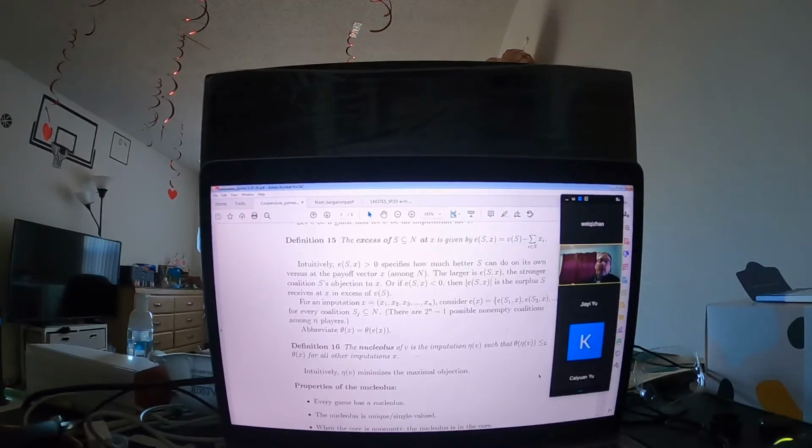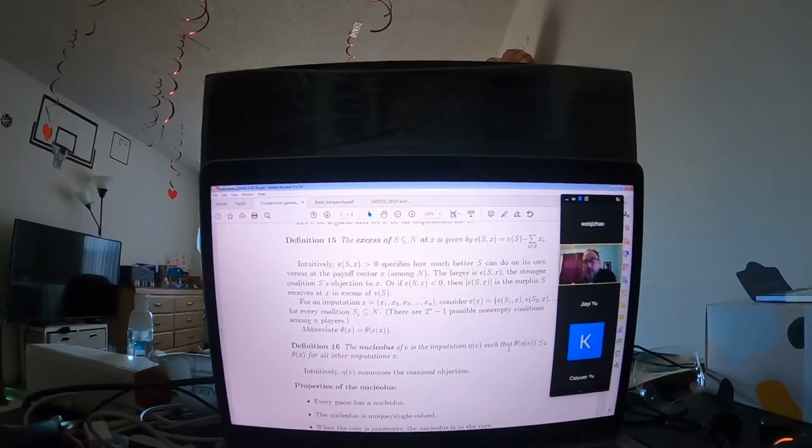Now the nucleolus of V. Again, we're going to look at an example in a minute, so I just want to go through the definitions first. The nucleolus of V is the imputation, the X such that this ordered vector of excesses is lexicographically less than at any other imputation.